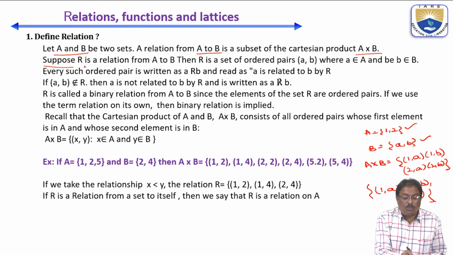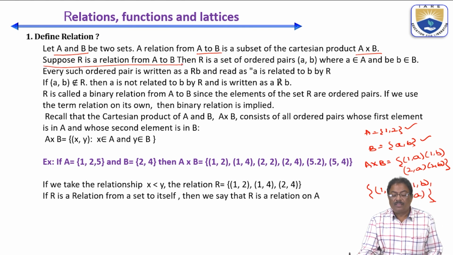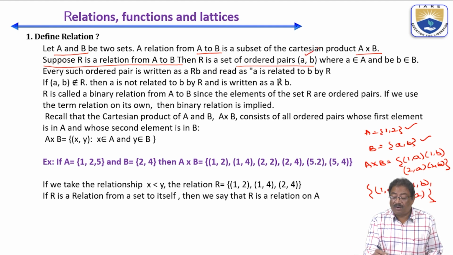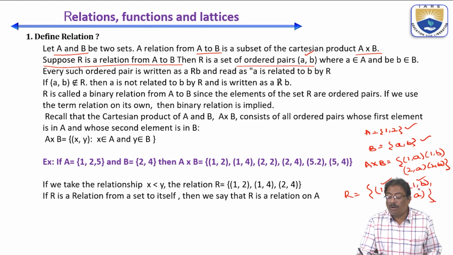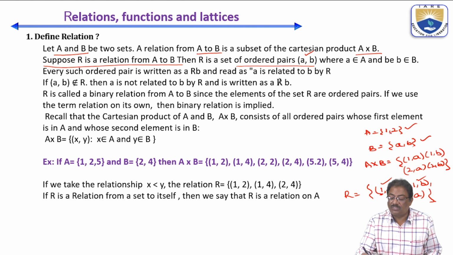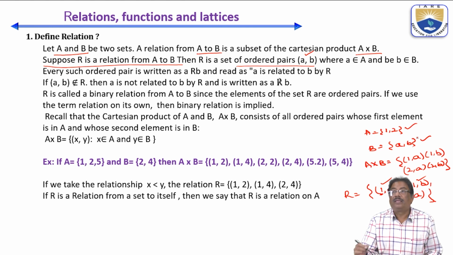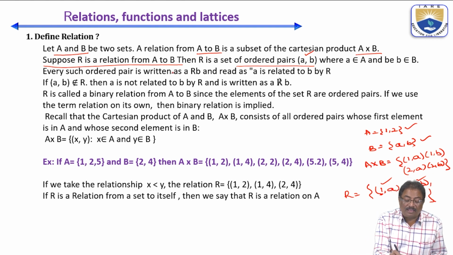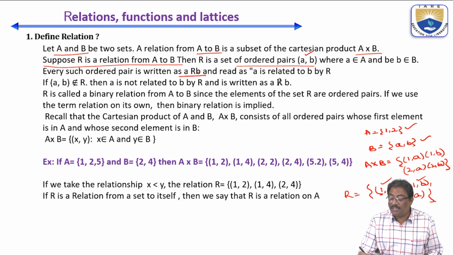Now suppose R is a relation from A to B. Then R is a set of ordered pairs (a, b), where the first number belongs to set A and the second number belongs to set B. So 1 belongs to set A and a belongs to set B. Every ordered pair can be written as a related to b.